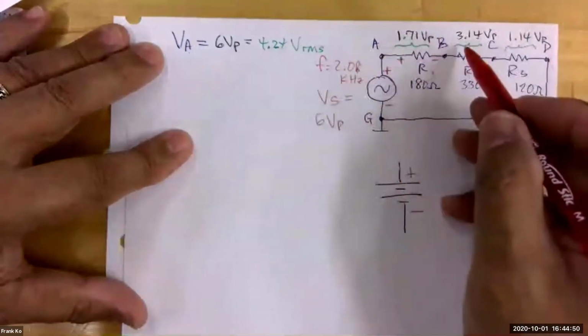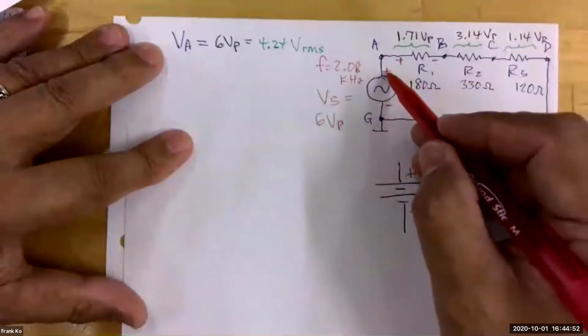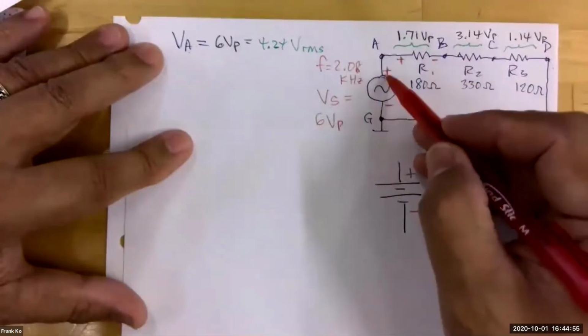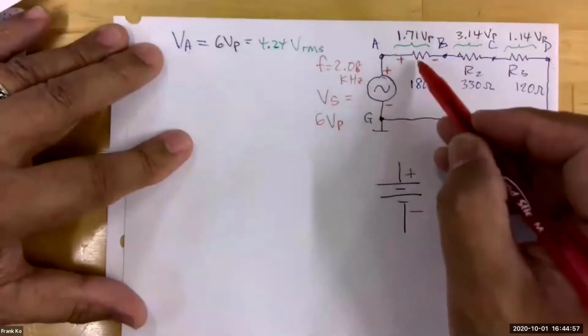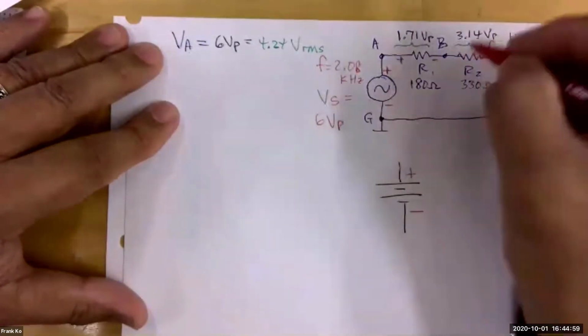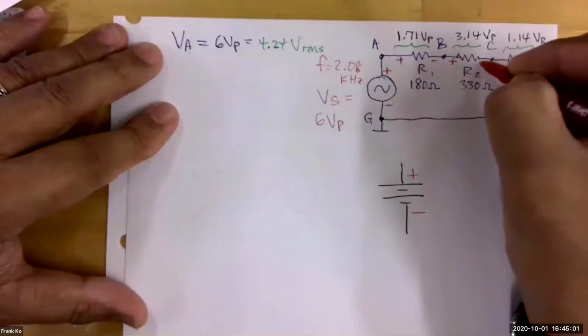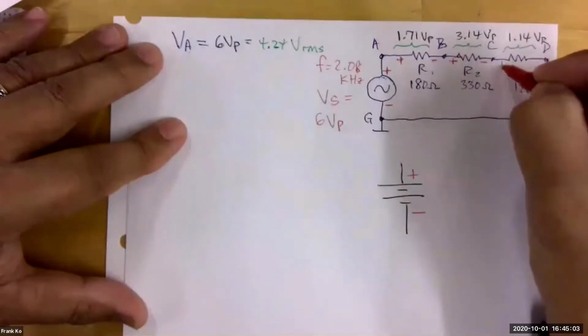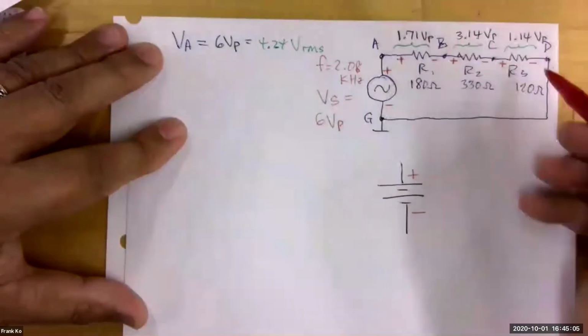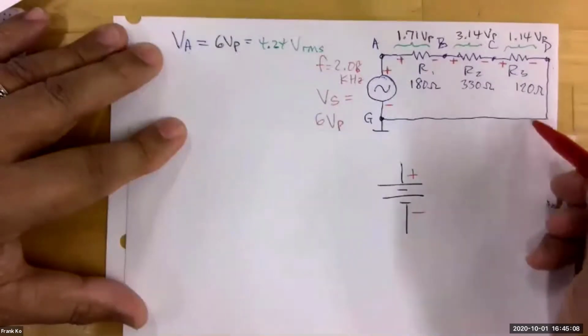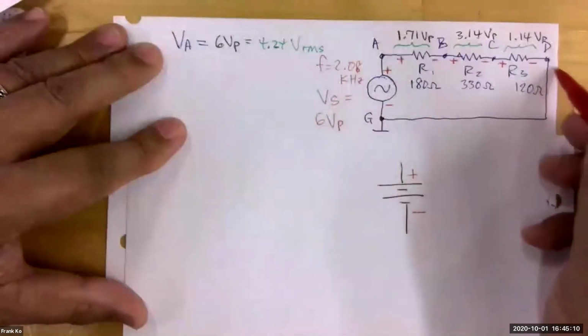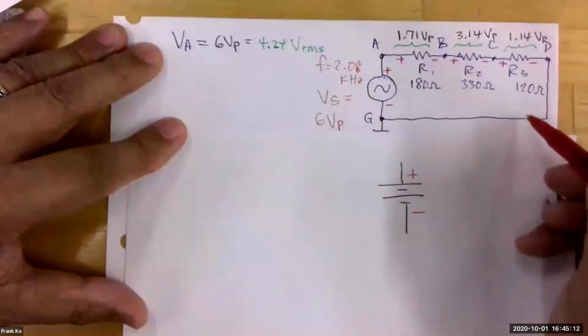Moving away from the source, watch the pattern. This is positive because they are next to each other. And then the pattern is positive, negative, positive, negative, positive, negative. And do I have the negative lead of R3 connected to the negative side of the source? Yes? So far, so good.